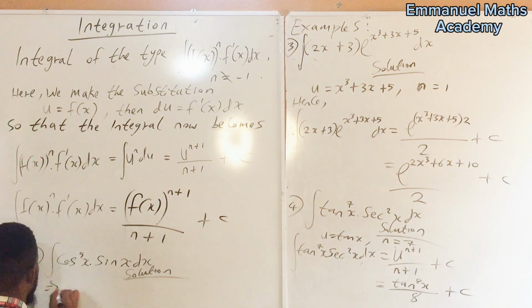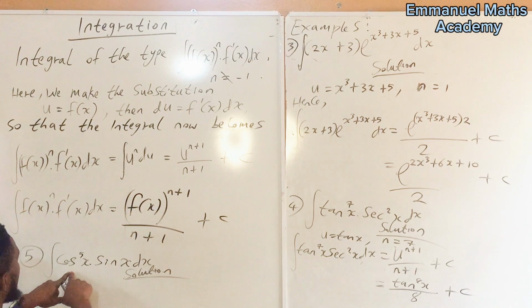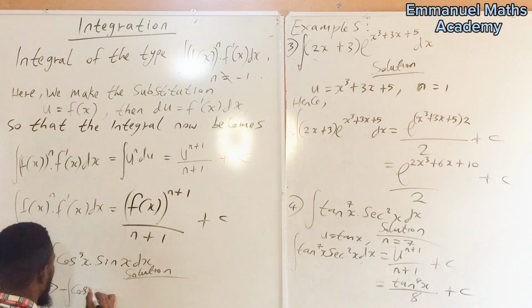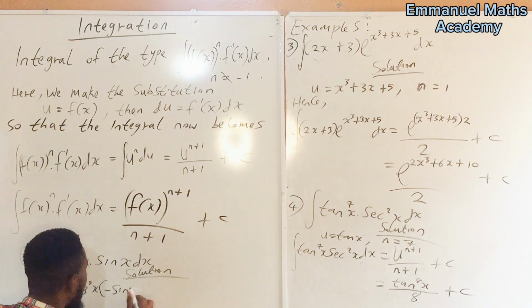You know that sin x is not the derivative of cos x, but if you introduce a minus sign, then the derivative of cos x is minus sin x. Look at what I'll do: minus cos^5 x times minus sin x dx.